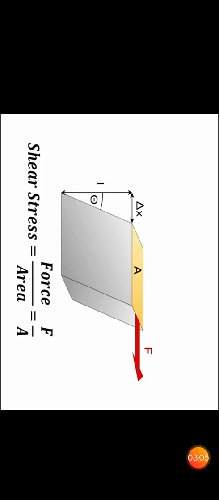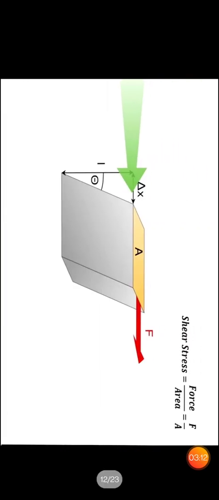In this situation, shear stress is equal to force upon area. Therefore we write F upon A, where F is the force which acts on one of the faces of the structure, and A is the area on which the force acts.